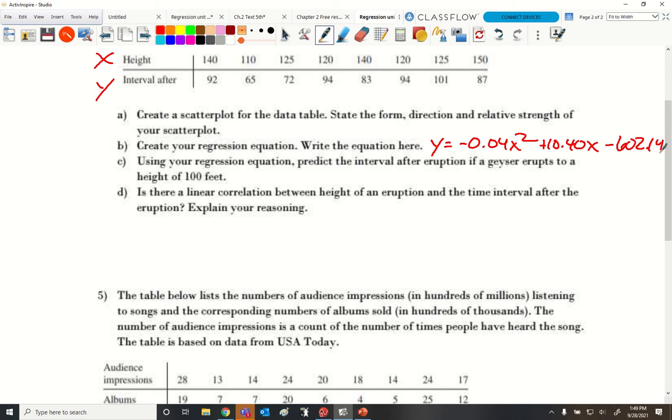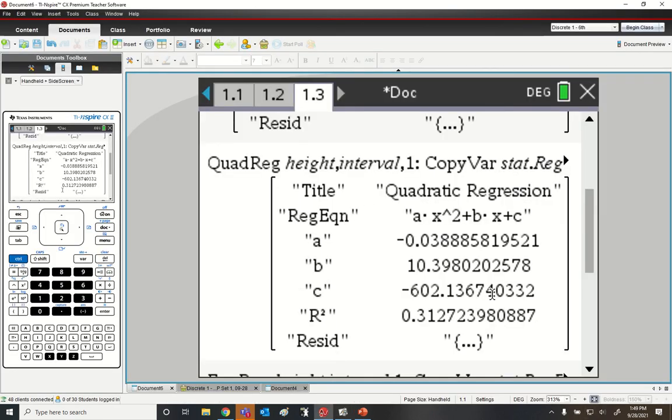I have my equation. I know you guys all wrote it down on your paper, right? So we got part B done, and we did B before A, because now I'm going to use the information from B to solve for A. See this right here?